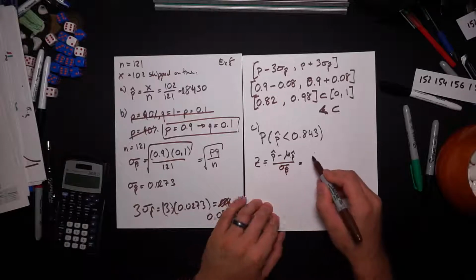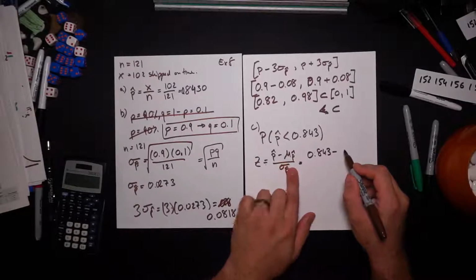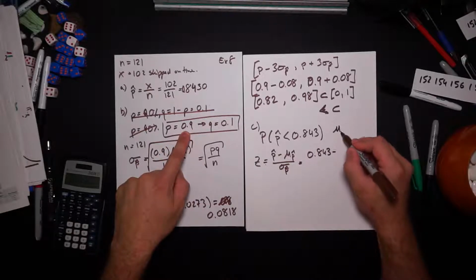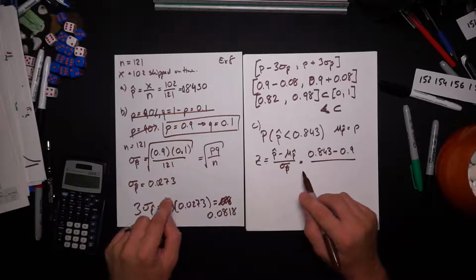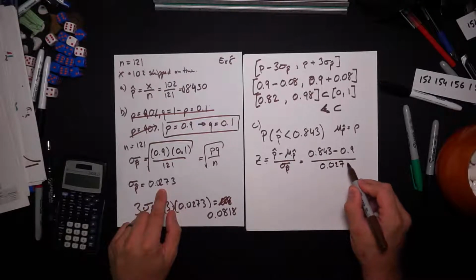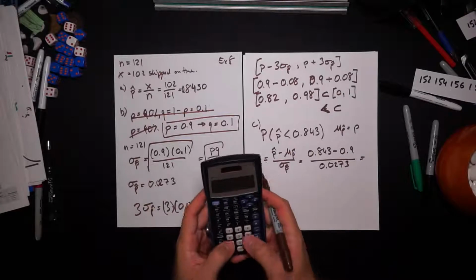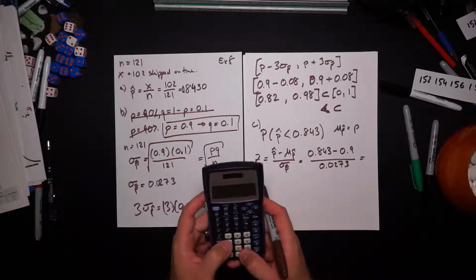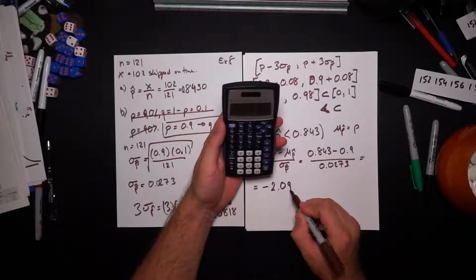So in our case, that's 0.843 minus this, right here, because mu P hat equals P. So this is 0.9, divided by this, which is 0.0273. So that equals 0.843 minus 0.9 divided by 0.0273. I got negative 2.09.